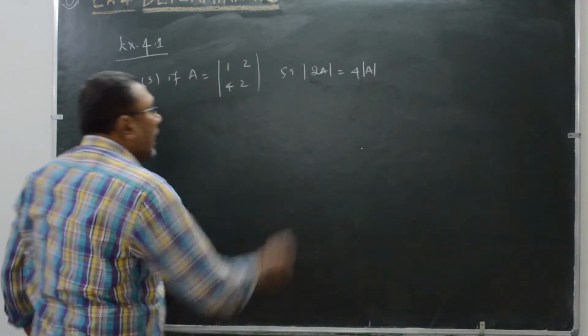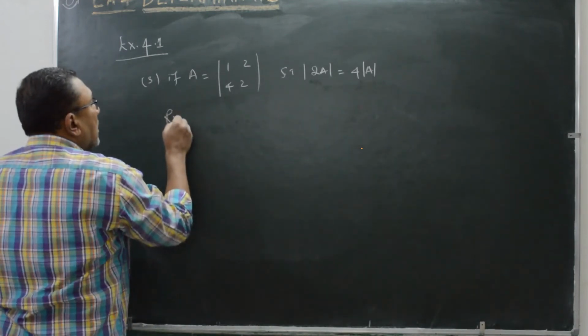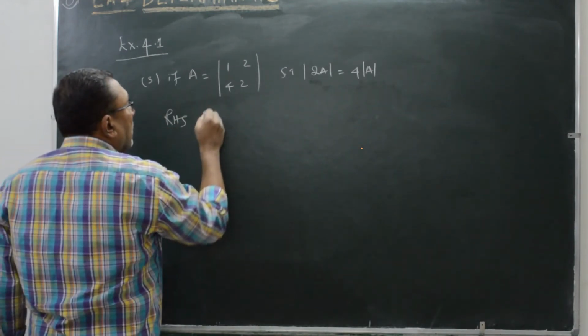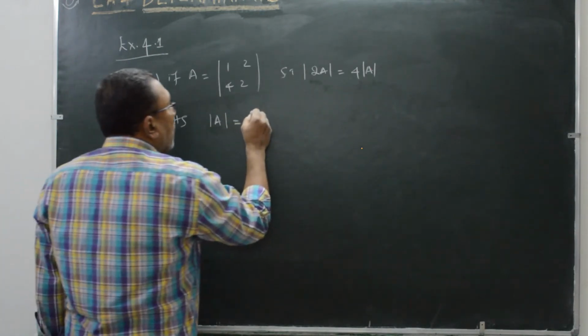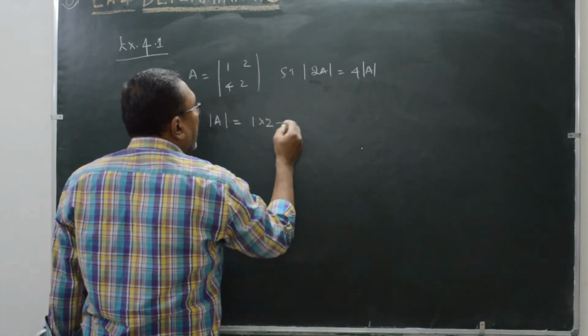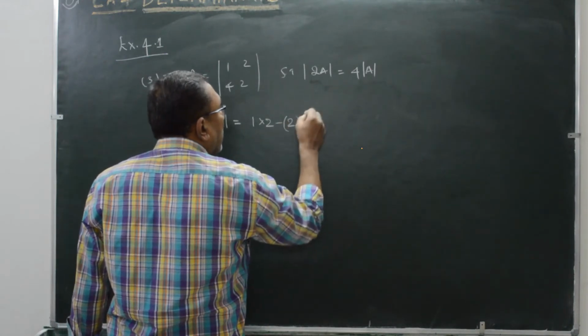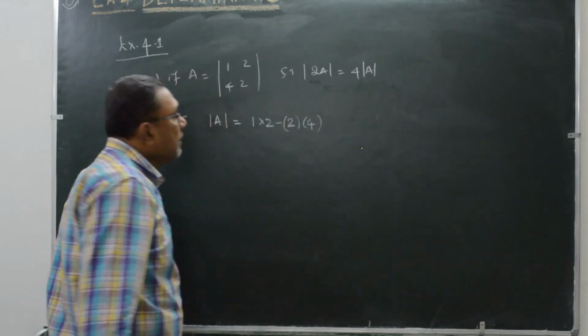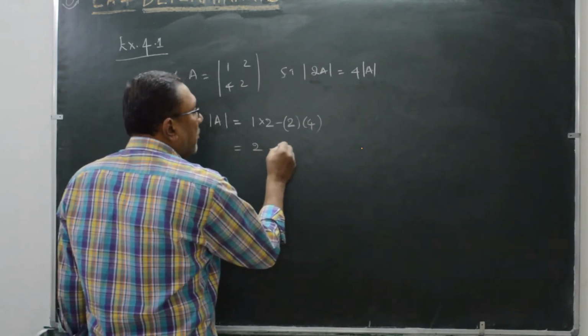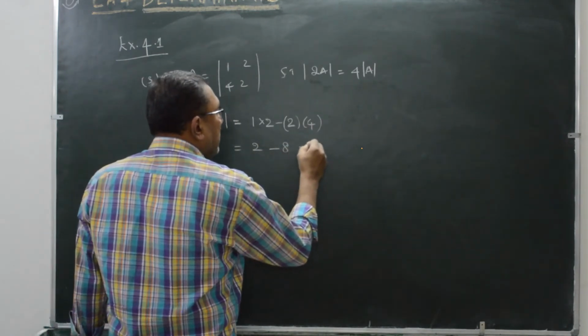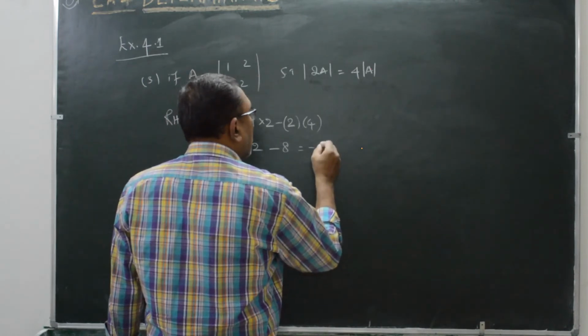I will take the RHS first. The determinant of A is equal to 1 into 2 minus 2 into 4, which is 2 minus 8, which is minus 6.